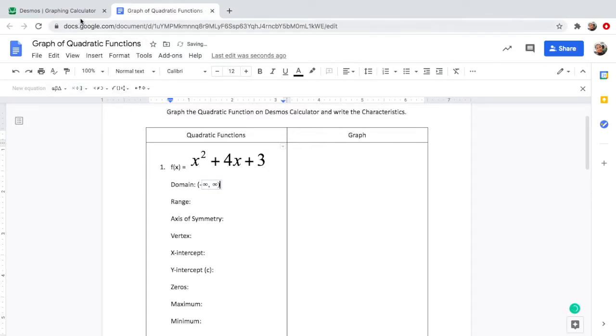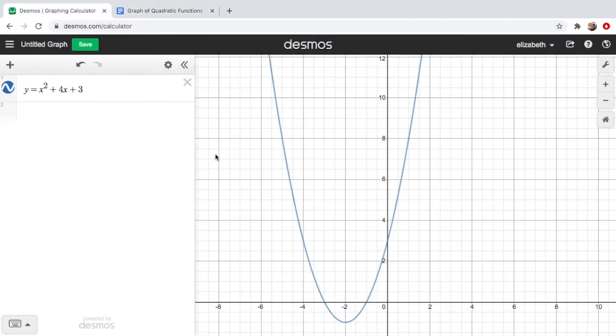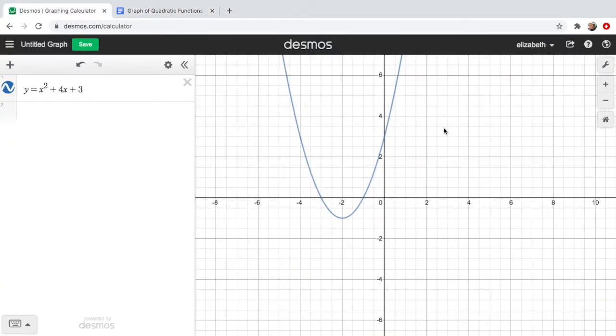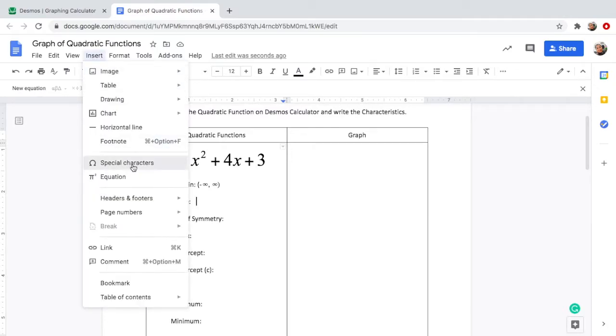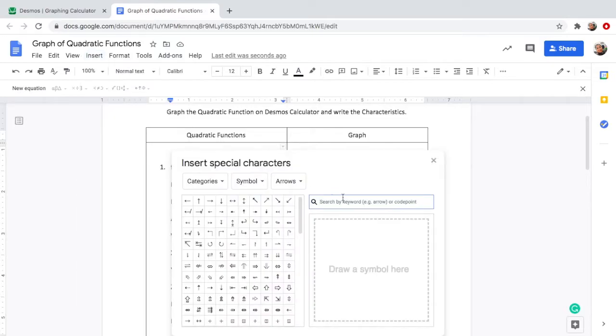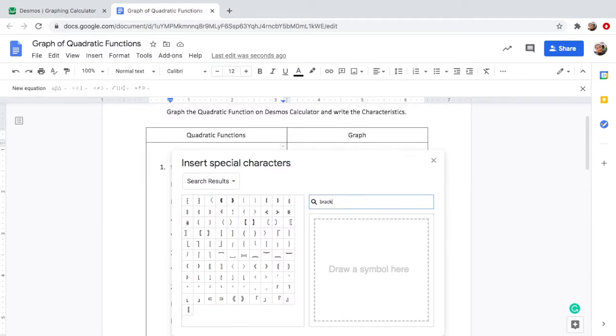Then let's go to the range. Remember that range is the set of all values of y, and this graph starts at -1 inclusive. So therefore, the range will start at insert special character. If you want to find this symbol right away, then find bracket.